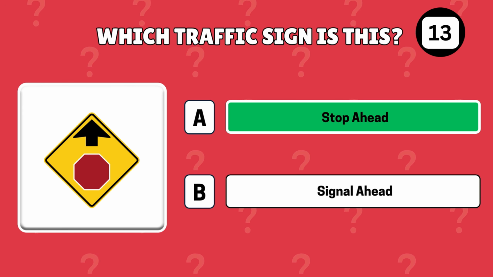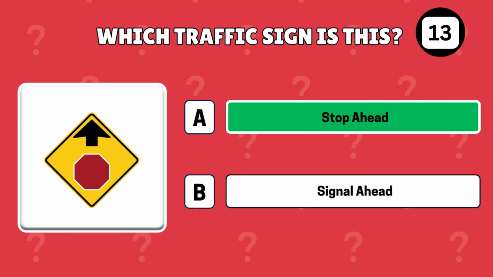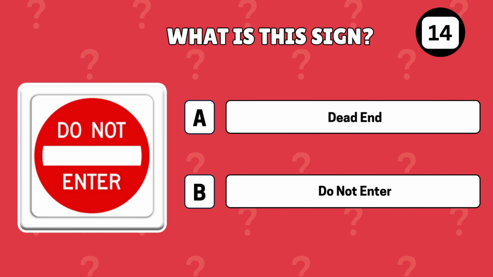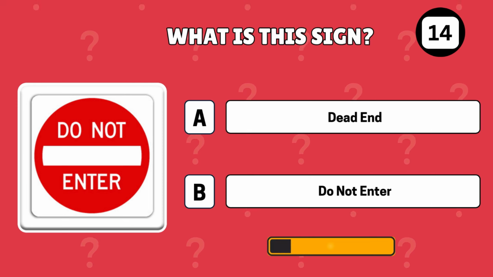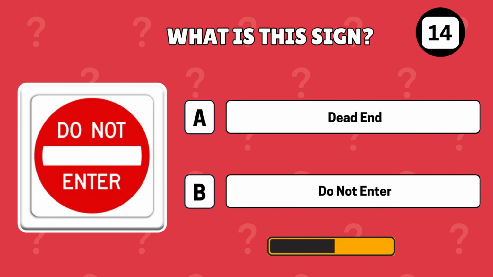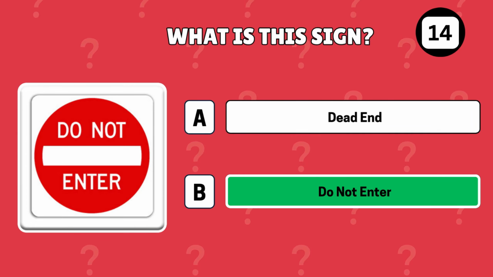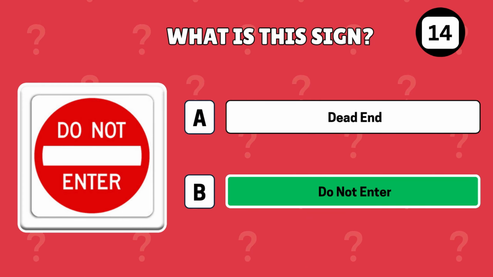Good thinking. This is the stop ahead sign. What is this sign? A. Dead end. B. Do not enter. That's right. This is the do not enter sign.